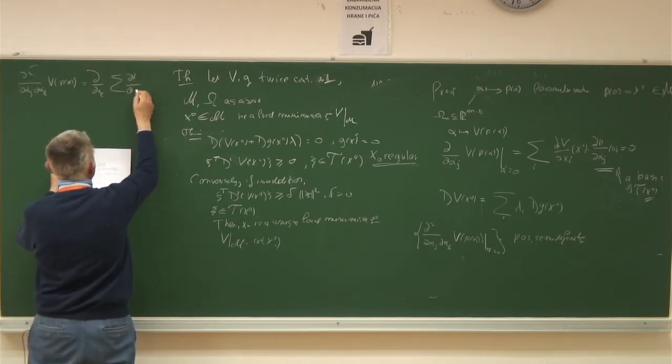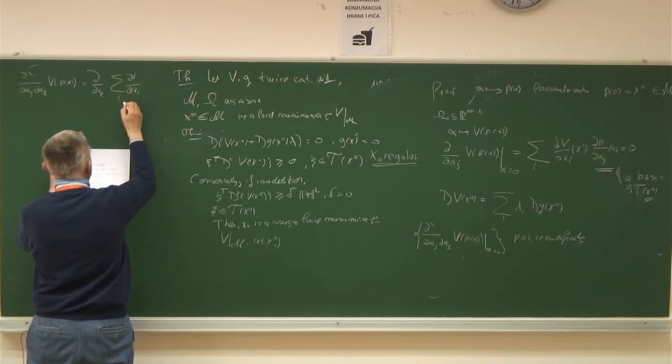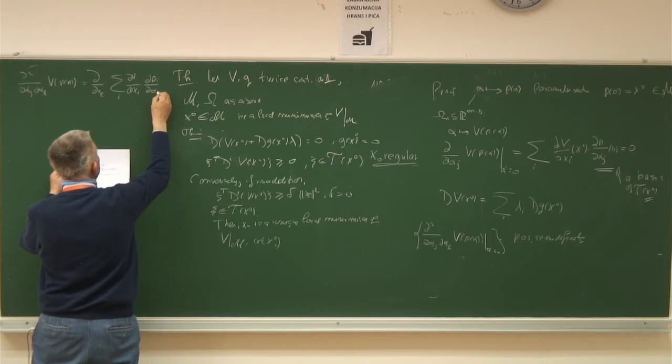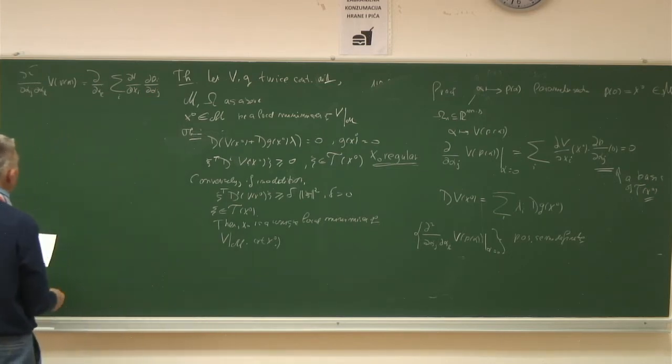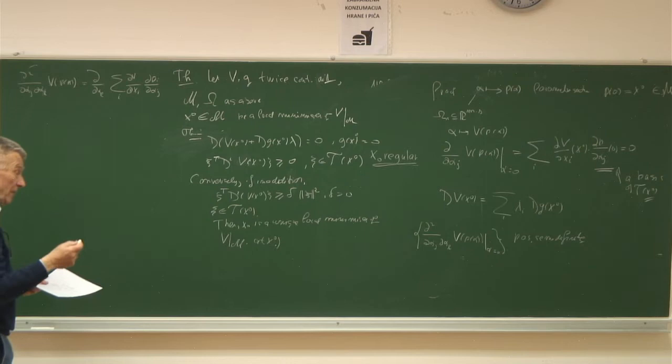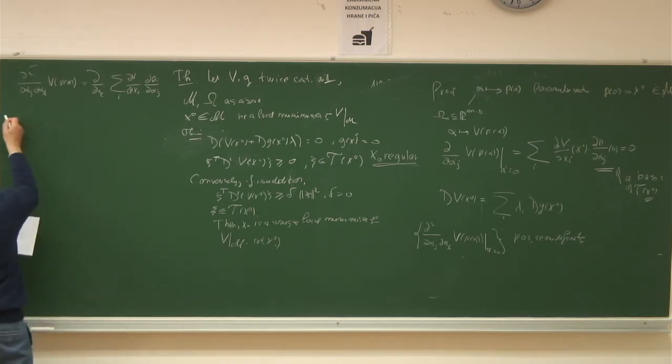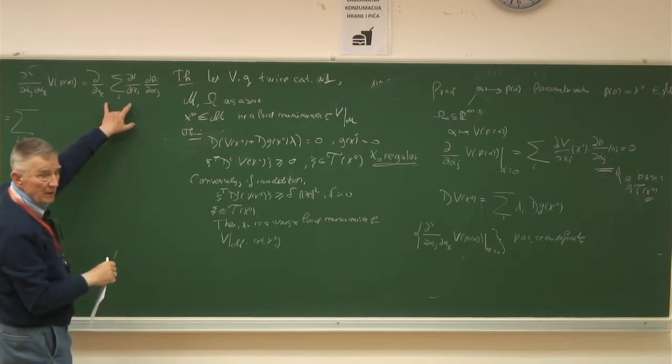And there's the first derivative first, sum over i of dv over dxi times dP i over d alpha j. And now we differentiate once more. It's a bit of a clumsy formula, but we have to do it. That is the sum over i and k. You have now one sum more here.